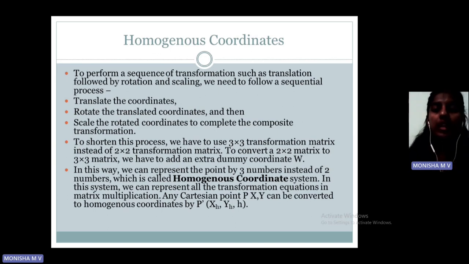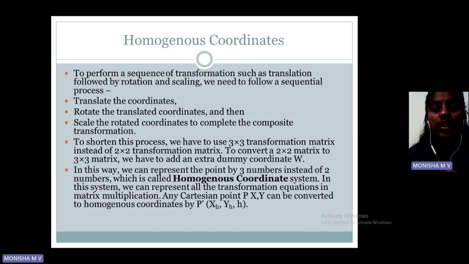In this way, we can represent the point by 3 numbers instead of 2 numbers. As we know, a 3 by 3 matrix needs 3 points and a 2 by 2 matrix needs 2 points. So in this representation we have 3 points, which is called the homogeneous coordinate system. The homogeneous coordinate system is the representation of points by 3 numbers instead of 2 numbers.